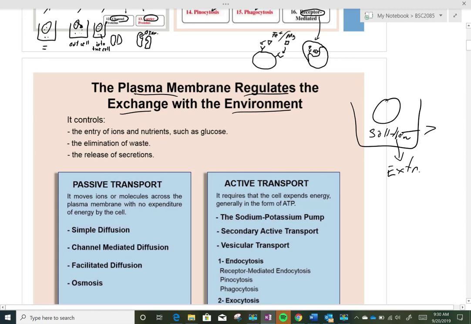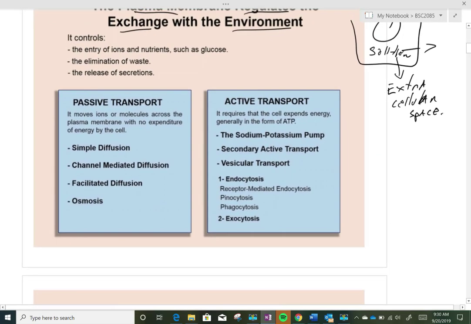Extracellular space. Everybody got that? And the inside of the cell is called what? Intracellular space. Everybody got it? If you're lost, please stop me.